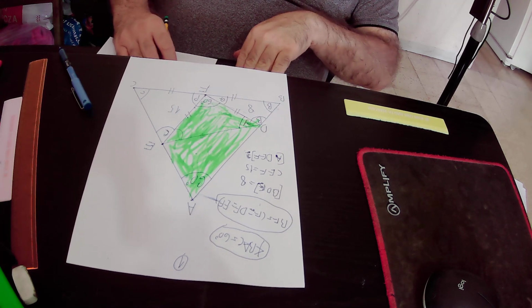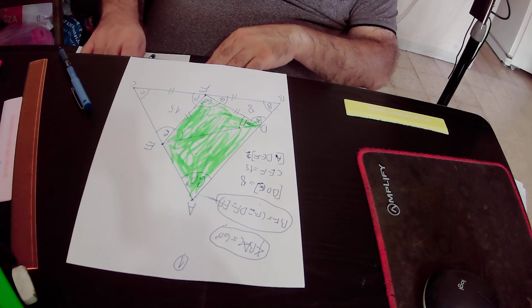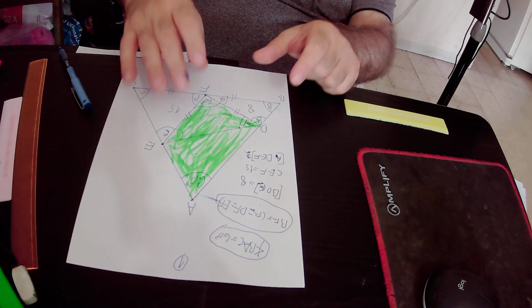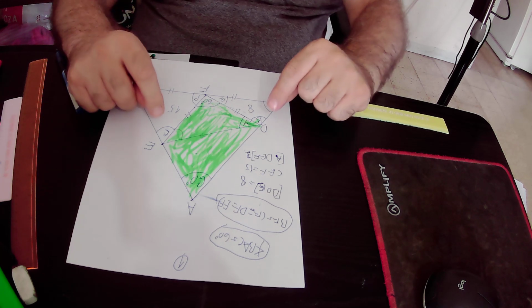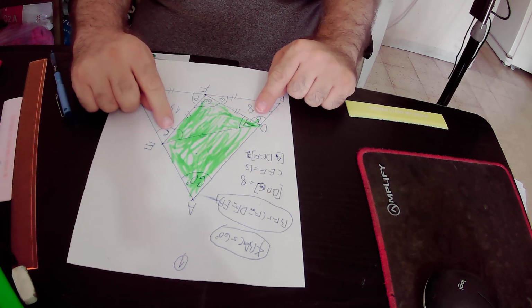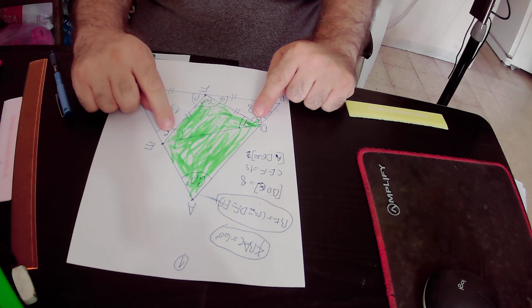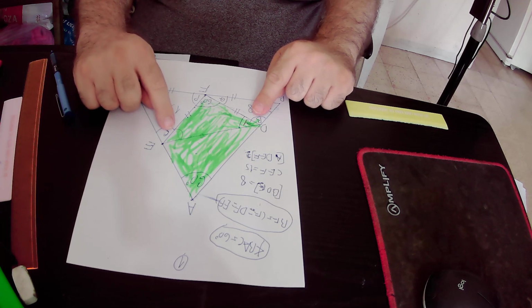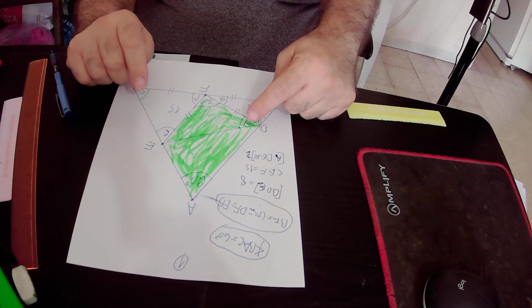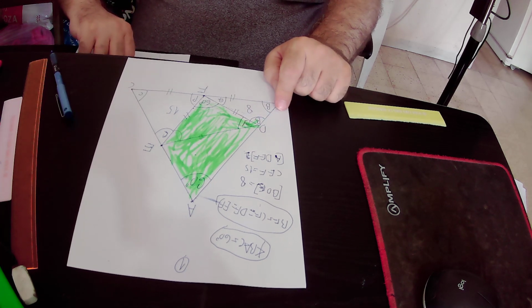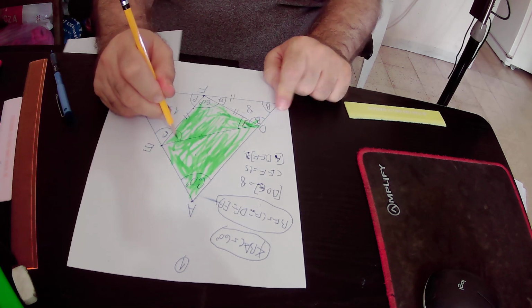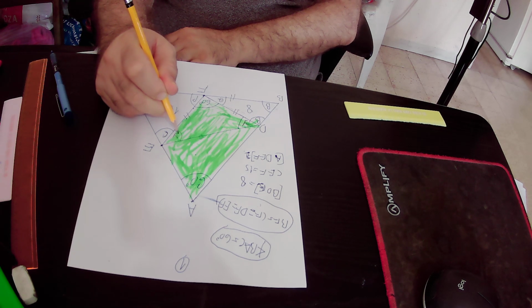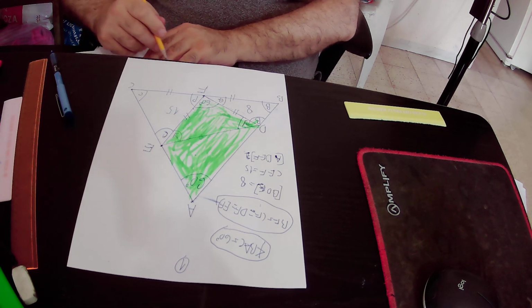According to rule number 2, those two angles that are located in front of equal sides in triangle DFE must also be equal to each other. So if this angle is Y, then this angle also must be equal to Y, because they are equal to each other. Okay?